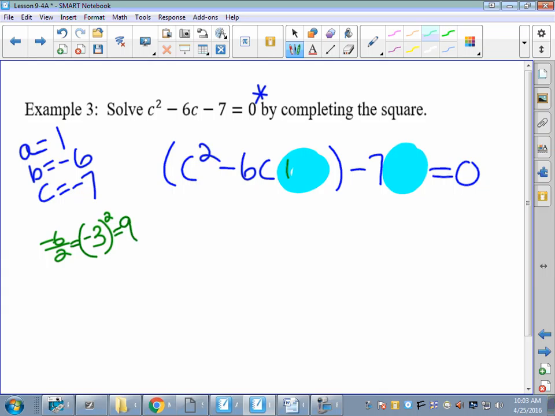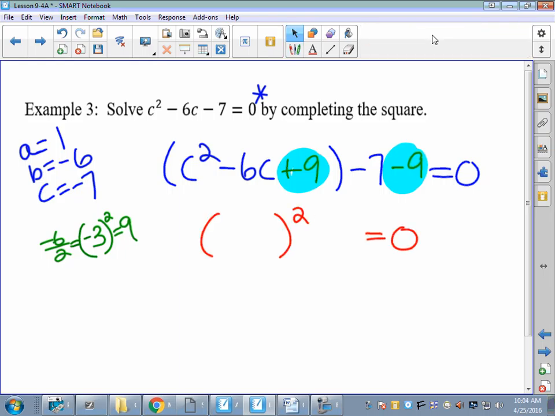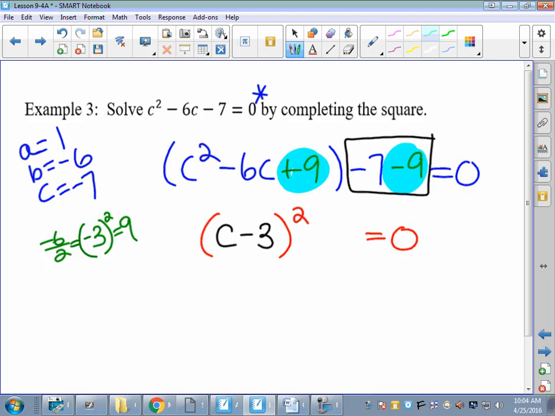So I'm going to plus 9 inside. I'm going to minus 9 outside. So factoring shortcut. So my factoring shortcut then, I'll have my variable and my half of b inside those parentheses. So c minus 3. This is a math problem right here. What's a -7 minus 9?